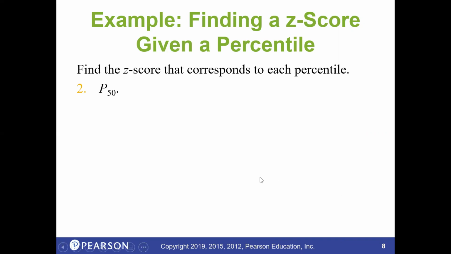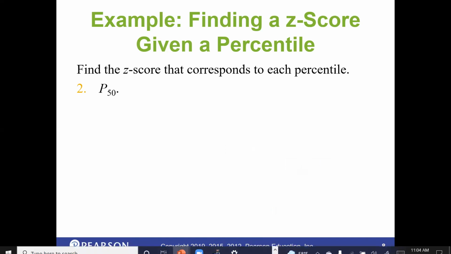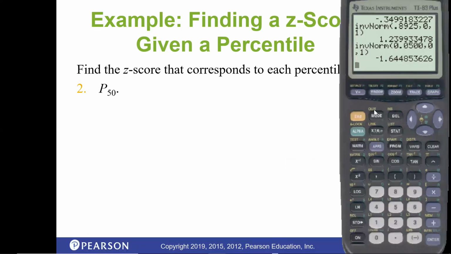Cool. All right, what'd you guys get? 0. How many did not even do it at all and knew it's going to be 0? Okay, cool. Yeah, 50th percentile is half of it, right?